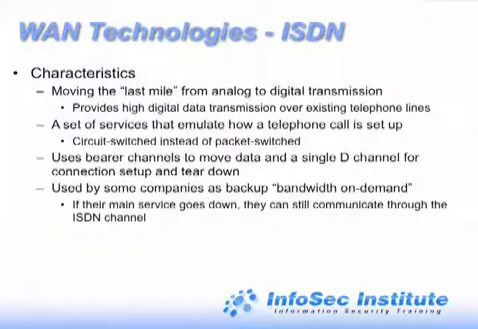Okay, ISDN characteristics. You're moving the last mile from an analog to a digital transmission. It provides high data transmission over existing telephone lines, so you get a little bit more speed. Does anybody remember the FCC regulations for maximum speed on modem lines? So you had your 56K modems.